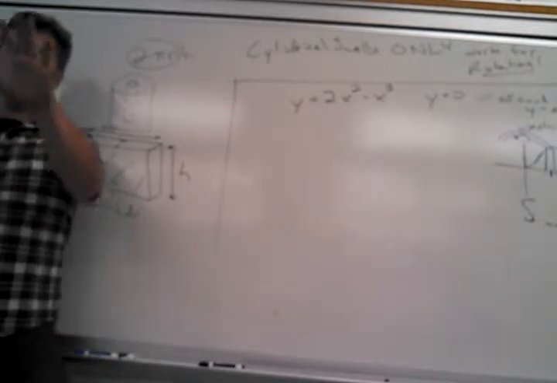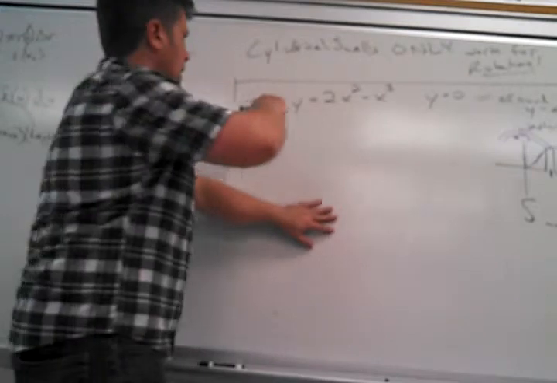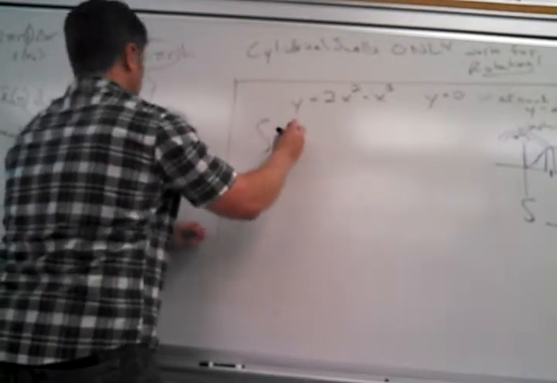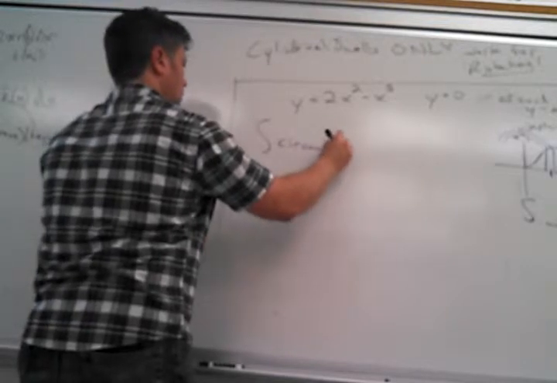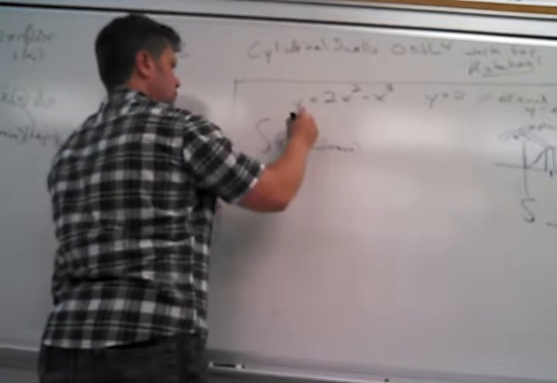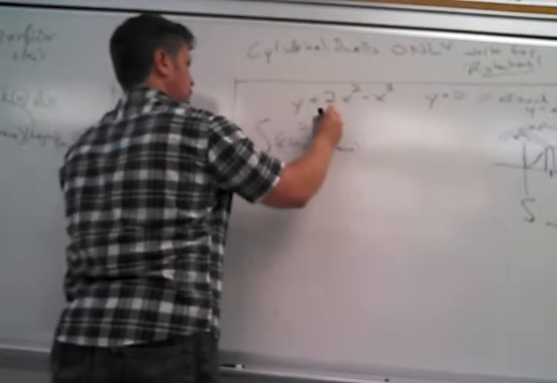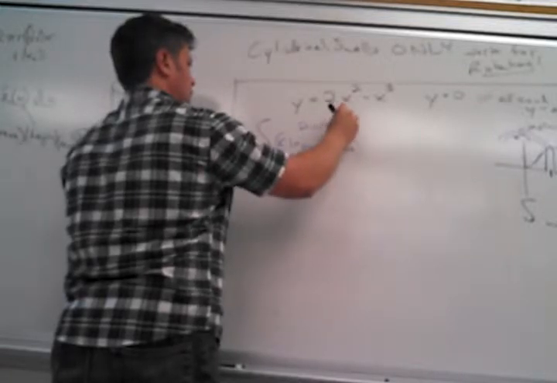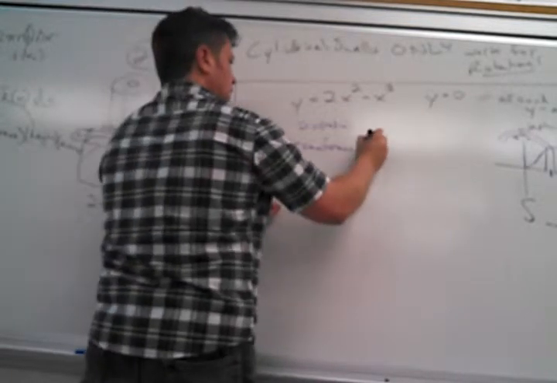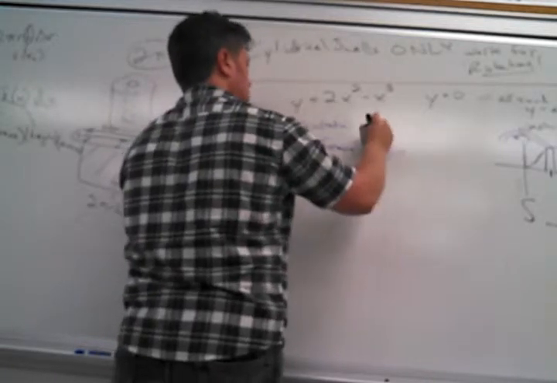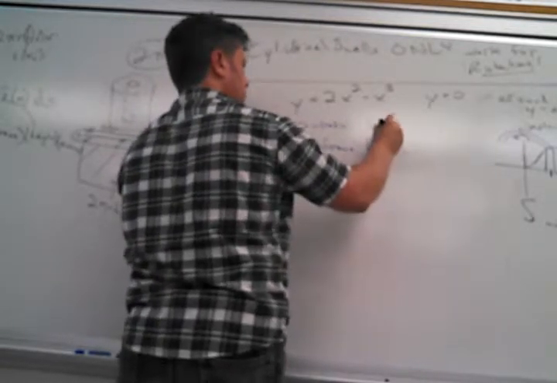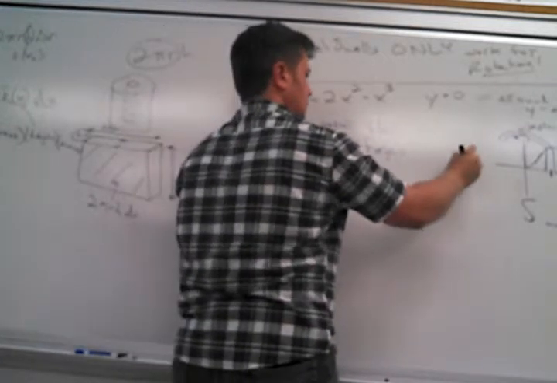All right, so here's the nice part with this. Just remember that the main idea is that it's circumference, which is just going to be 2 pi times whatever the radius is, times the height, which is just going to be f of whatever the variable is. We'll say x here because of the fact that it's dx.